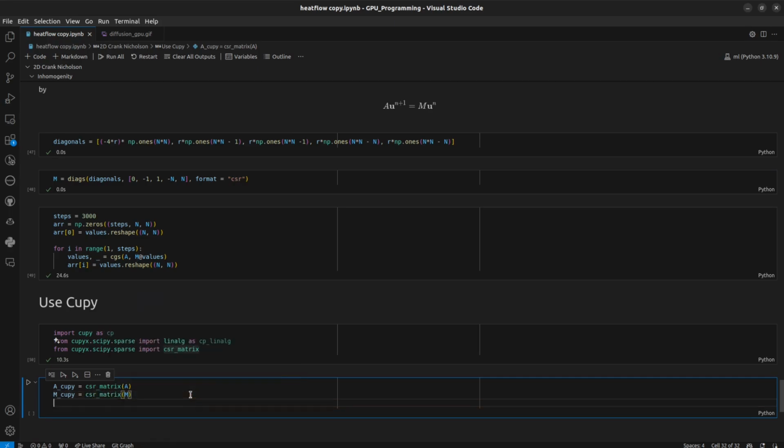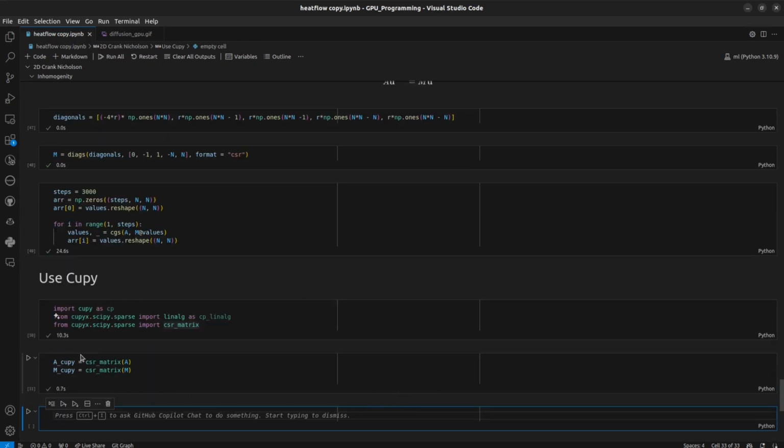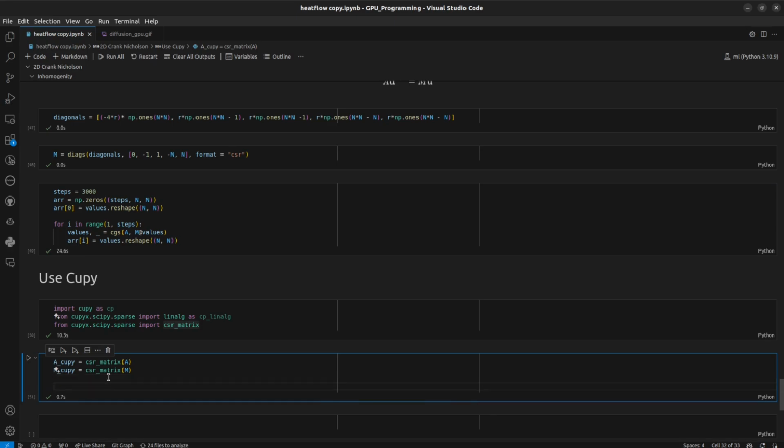Now we have two matrices on our GPU. Of course, we also have to copy our values to the GPU, since otherwise we would always have to transfer the values from the GPU to the CPU, and that's going to be really slow.